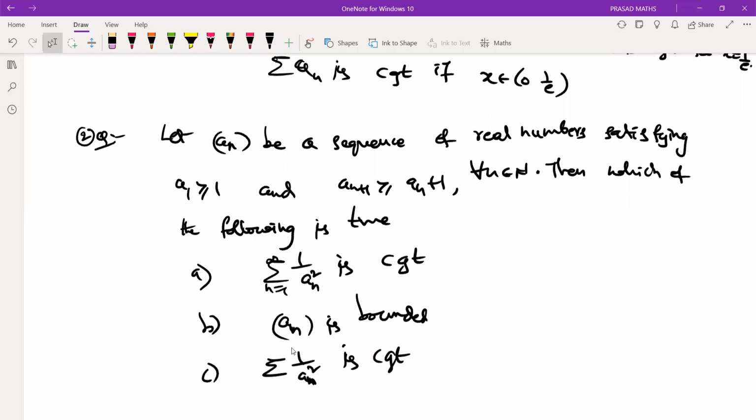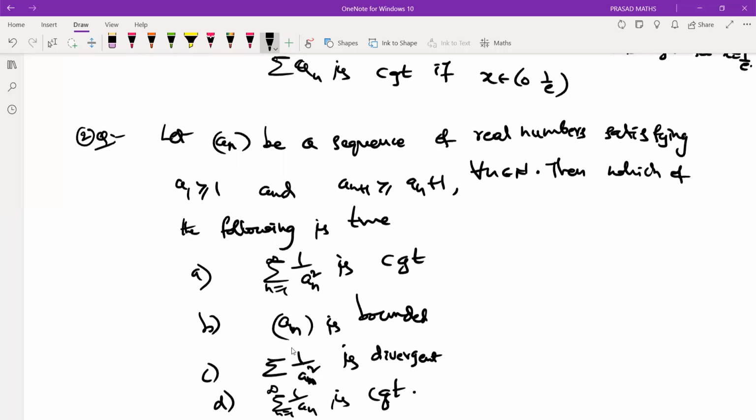So already used the fact this is convergent. See, in fact, this is divergent. Answer D is, this series summation 1 by a_n is convergent. This only is convergent.